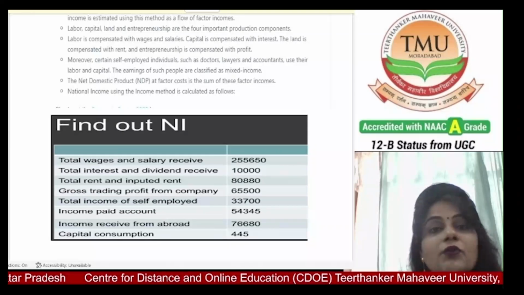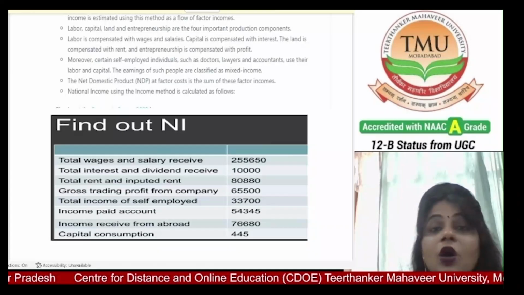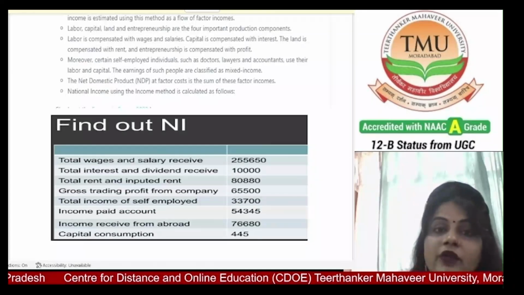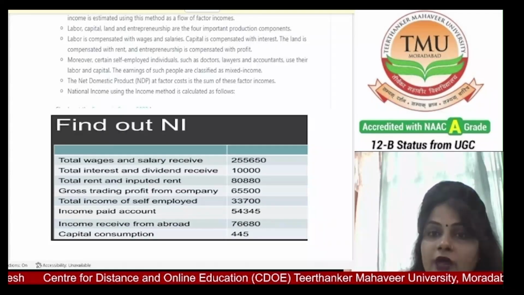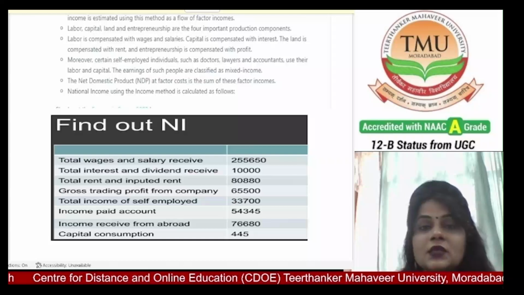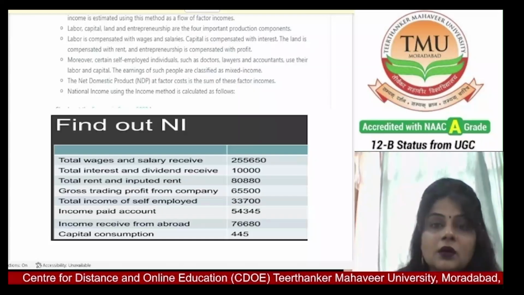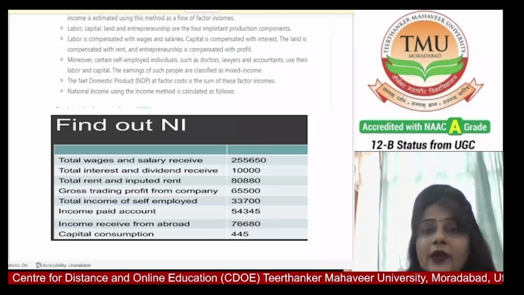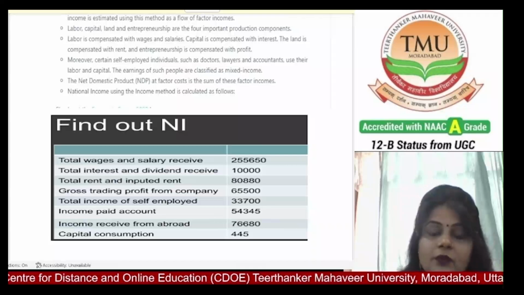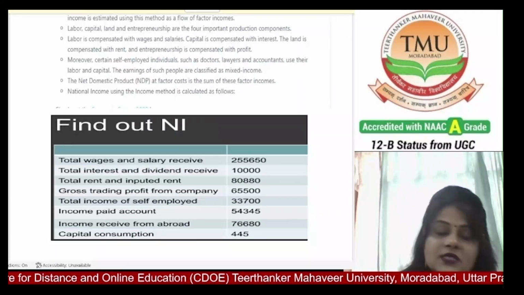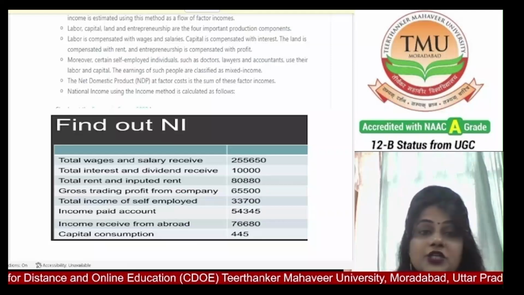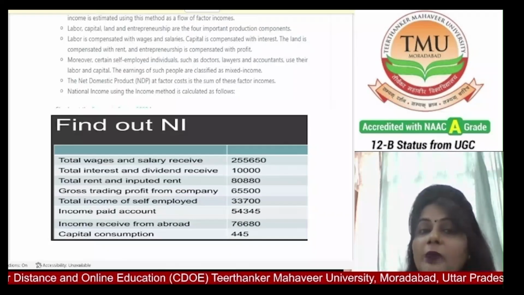Income that arises from windfall gains, like horse racing, lotteries, etc., is not counted in the determination of national income as it is not connected with any kind of production activity. Then, the imputed value of services by owners of production units is included.